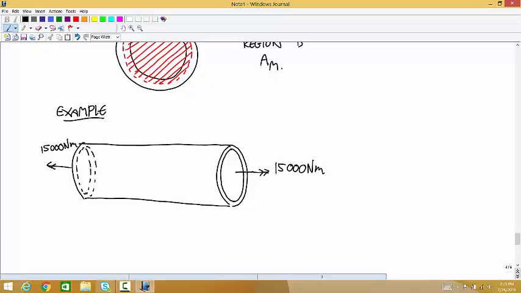So if this is the coordinate system, we're going to calculate the stress at the outer wall and the inner wall and compare the two methods.